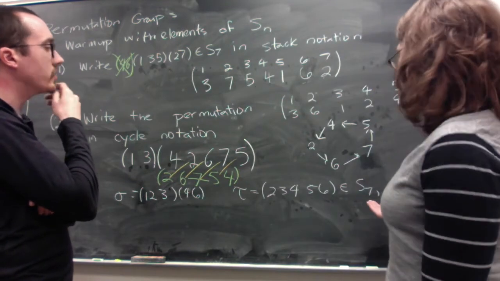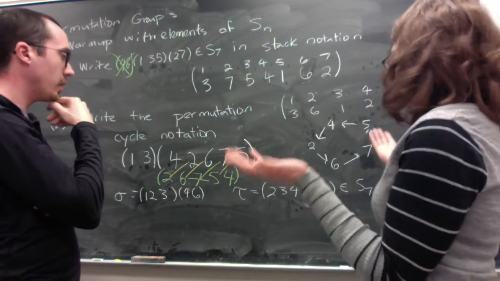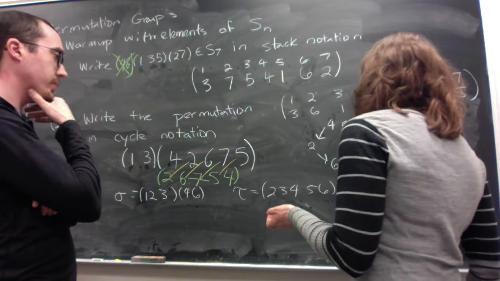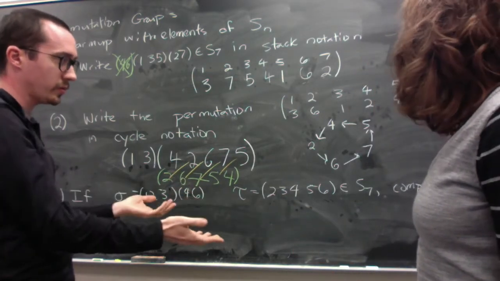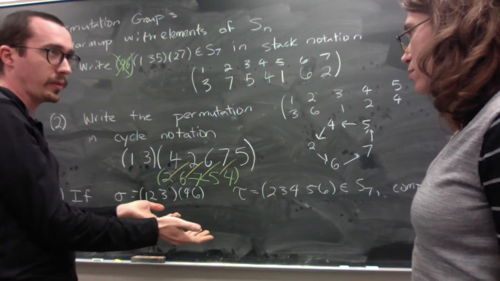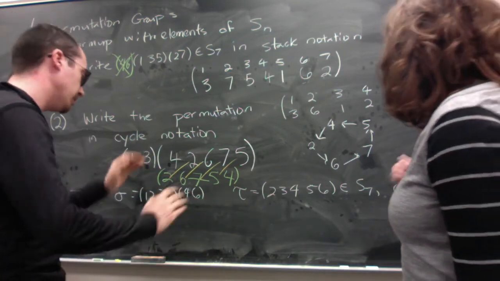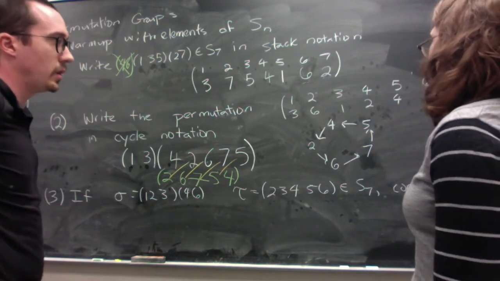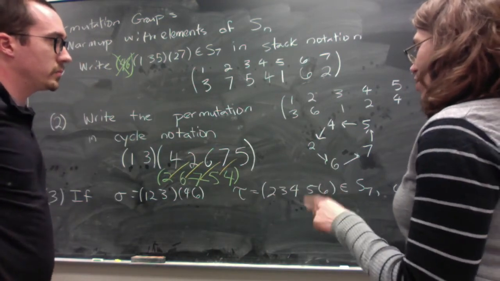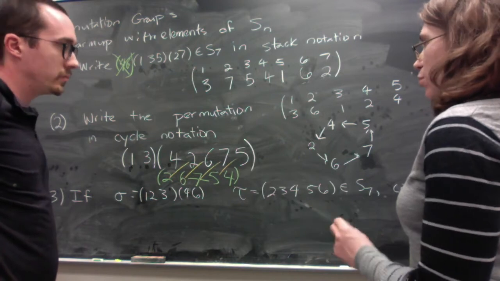But I think this is okay. If you're doing a permutation of 6 things, then you can also permute any bigger number by just not doing anything to the last one. But then we're trying to compute this product sigma tau. And the question is, in what order do we multiply them?